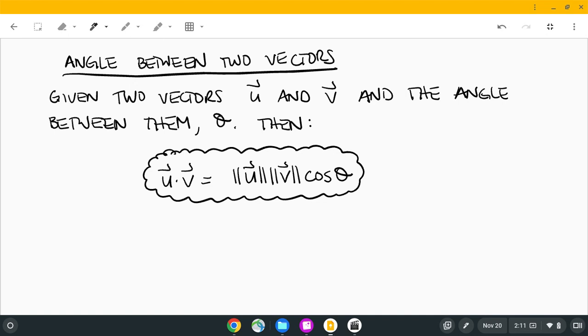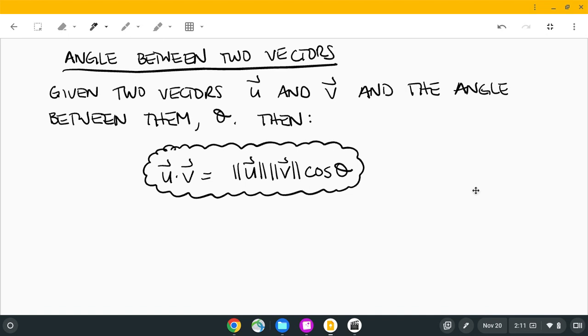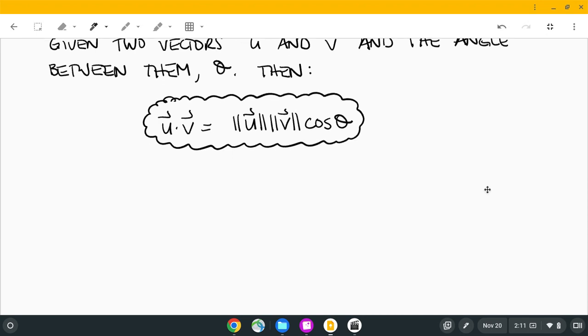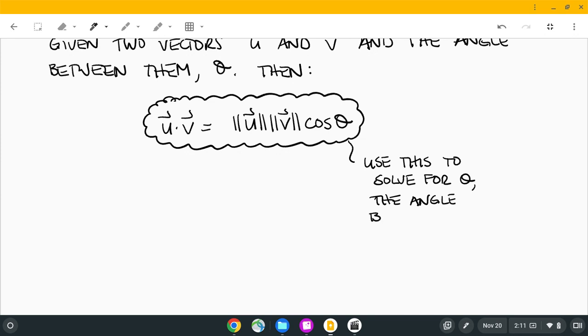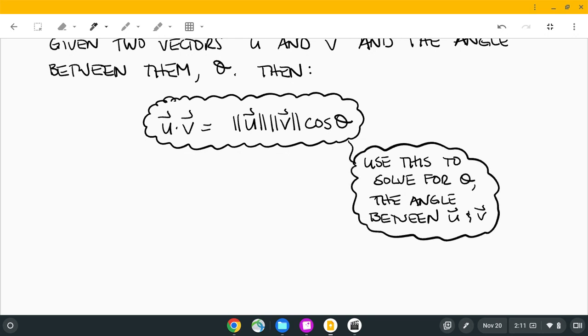Okay, so you can use this to solve for theta, the angle between u and v. All right.